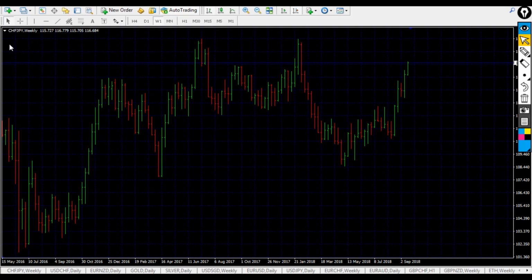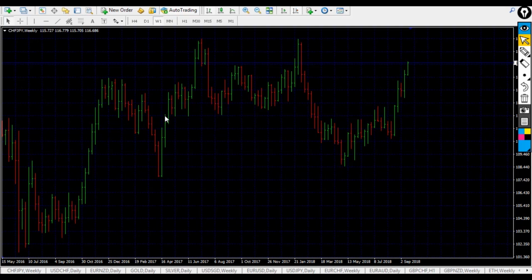Okay, so this pair, CHF JPY. This is the weekly time frame. So when we start this chart and we look at this from the naked point of view, it's like he's not wearing any clothes. Okay, so what we are looking at is purely price action, which is what all these bars represent.